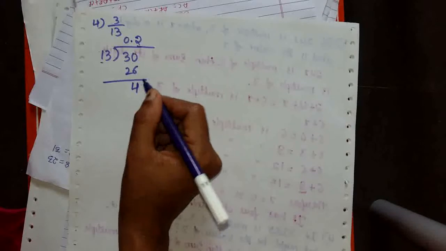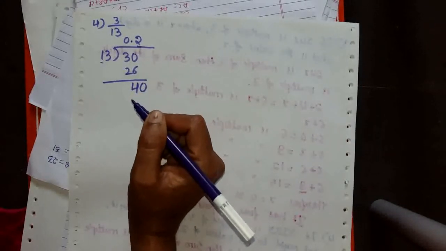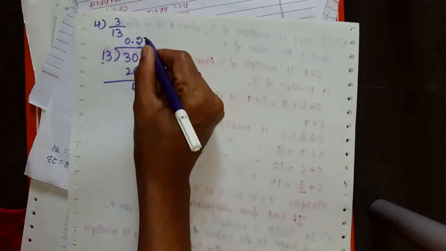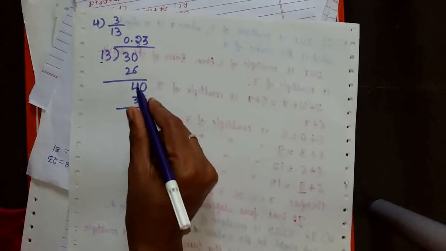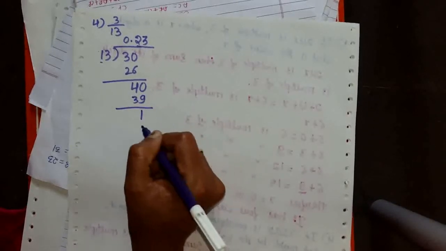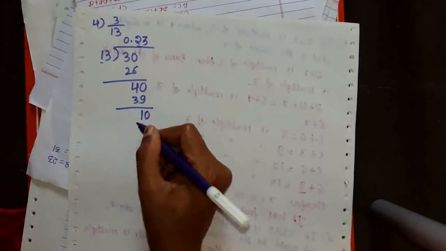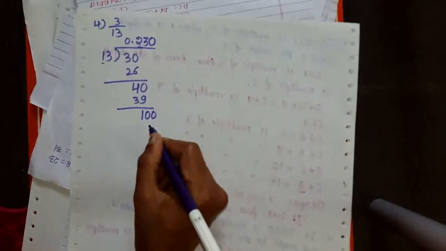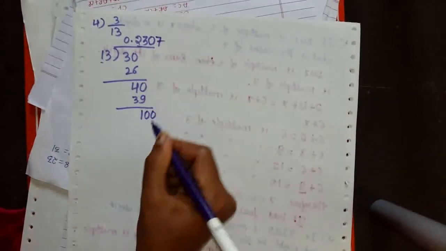Again 4 doesn't divide by 13, so take 40 here. Then 13 threes are 39. So 40 minus 39 is 1, which doesn't divide. So here take 0. 10 is also not divisible. I take 2 zeros, and 2 zeros means write down 0 here. This is 100. 13 sevens are 91.